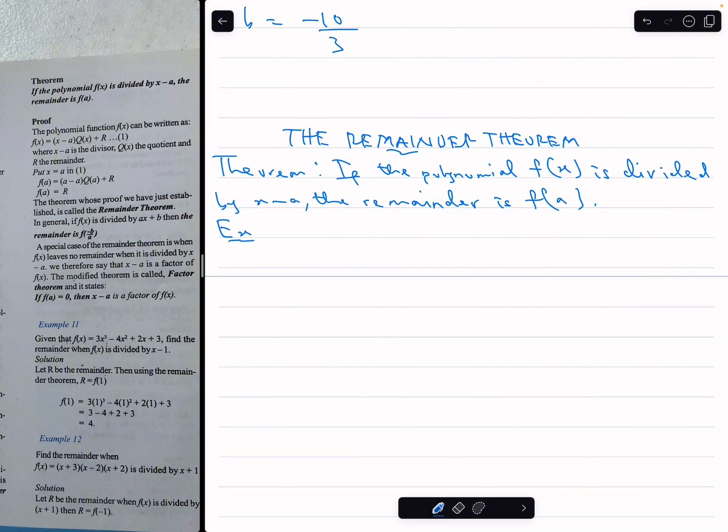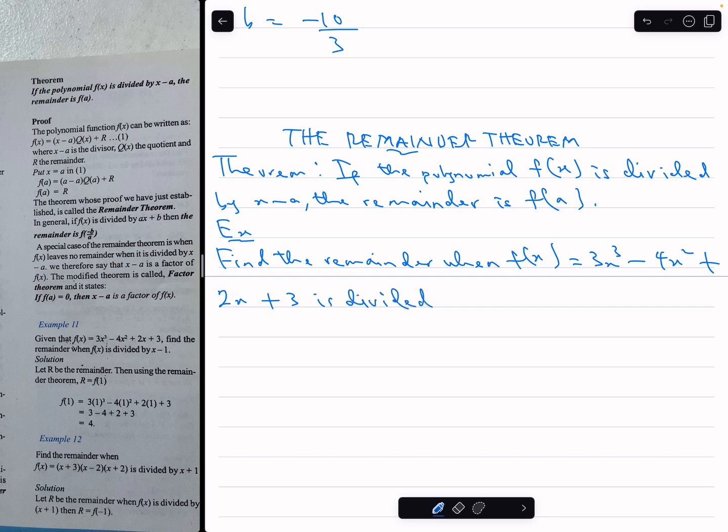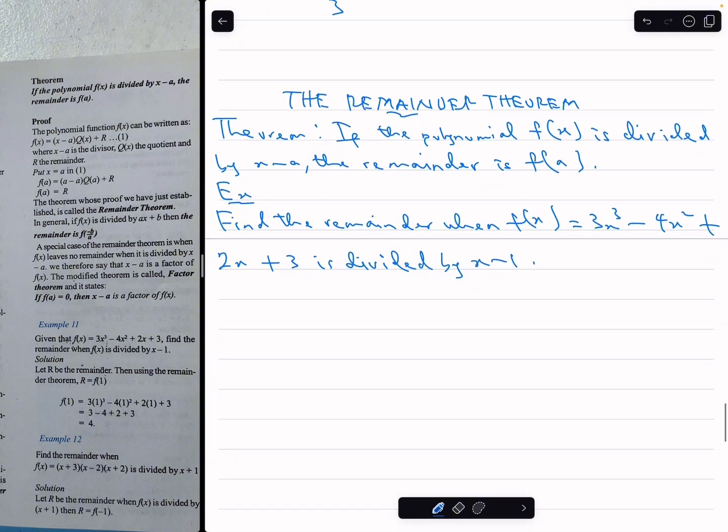Find the remainder when f of x, which is equal to 3x cubed minus 4x squared plus 2x plus 3, is divided by x minus 1. Let's go to the solution.